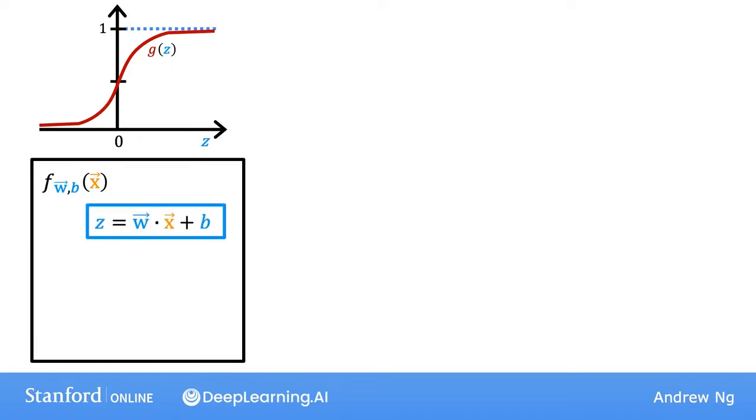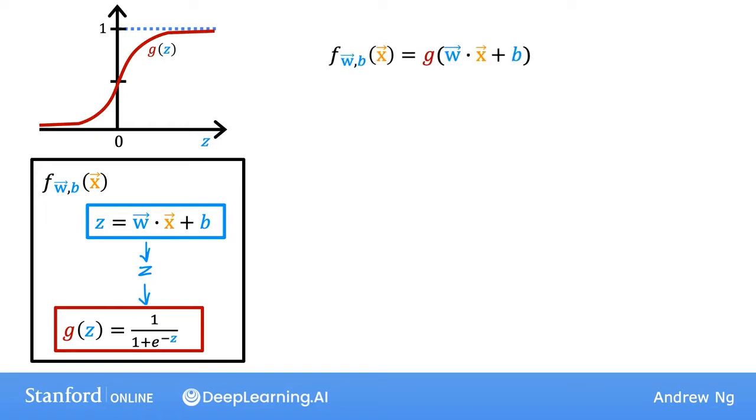In the first step, you compute z as w dot x plus b. Then you apply the sigmoid function g to this value z, and here again is the formula for the sigmoid function. Another way to write this is we can say f of x is equal to g, the sigmoid function, also called the logistic function, applied to w dot x plus b, where this is, of course, the value of z.